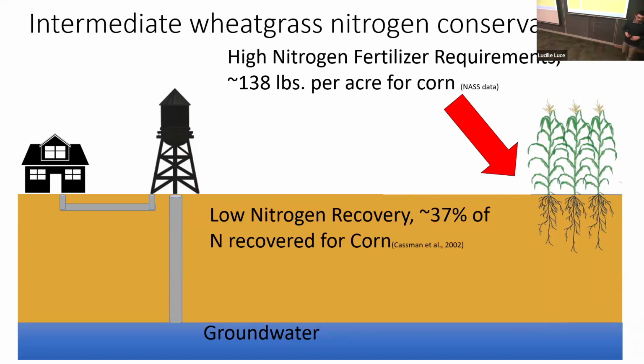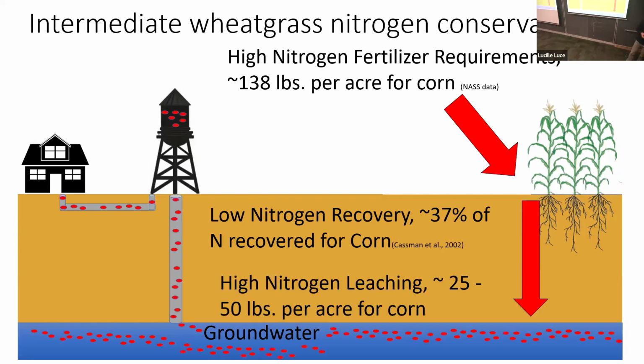We know that only about 40% is recovered into the grain, and many studies have documented the amount of nitrogen that escapes the corn systems into the aquifer. We're looking at losing 25 to 50 pounds per acre per year in corn. Again, this isn't one value from a meta-analysis; it's a range from various studies.